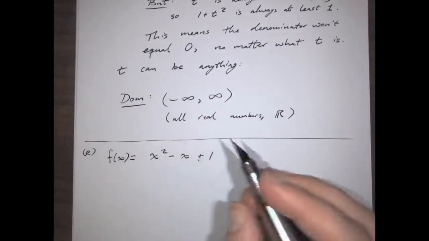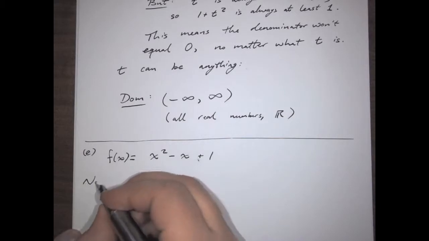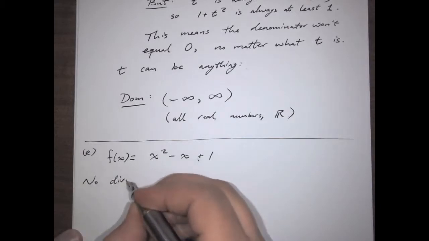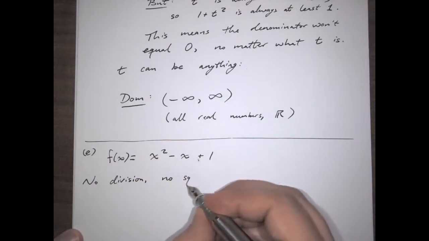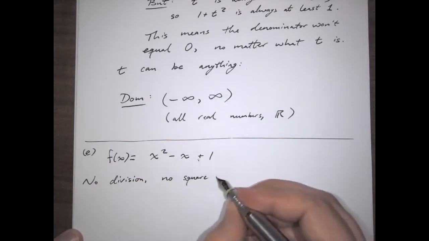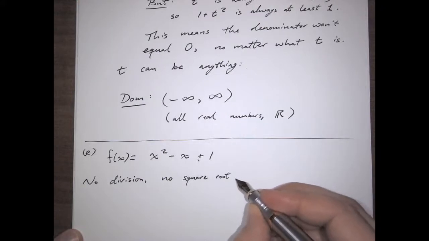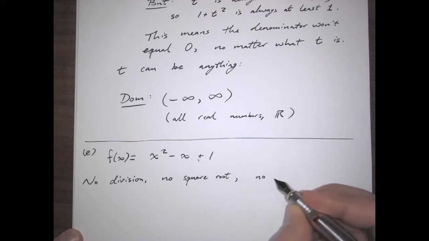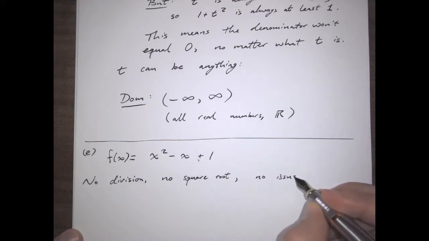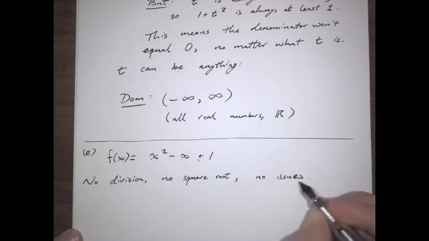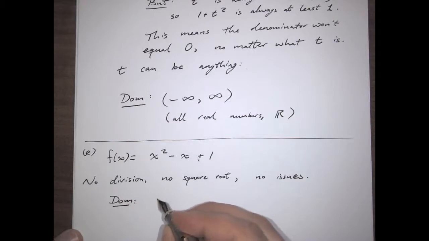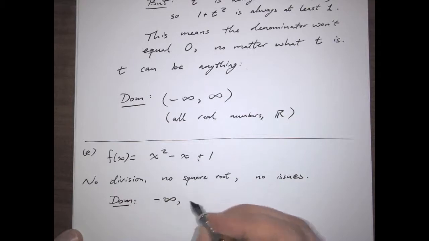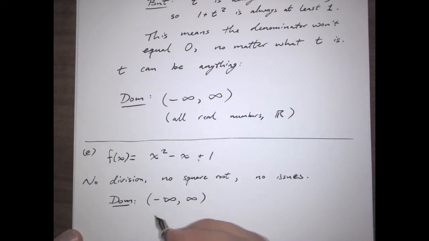And so this actually is safe. So no division. No square root. No issues. Which means the domain is again negative infinity to infinity. In other words, all real numbers.